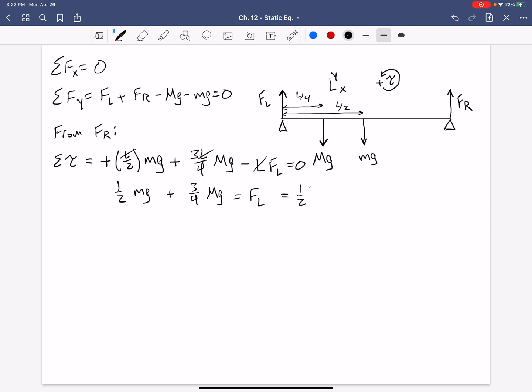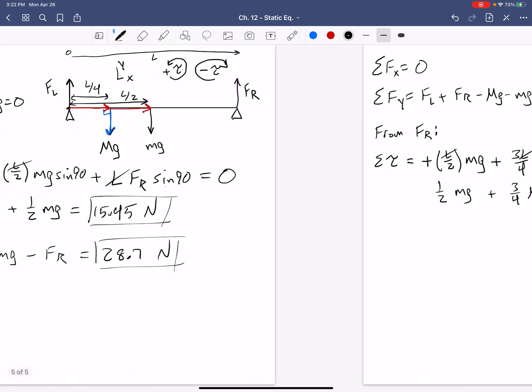I might as well show you here. The mass, little m, was 1.8. Capital M was 2.7. We get the same value. So FL is 28.7 newtons, right?